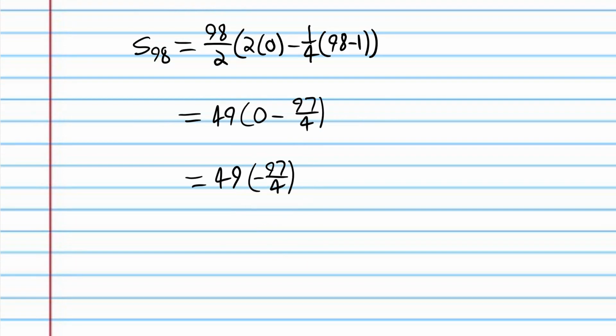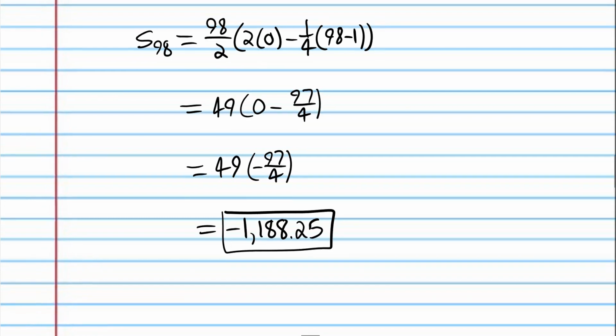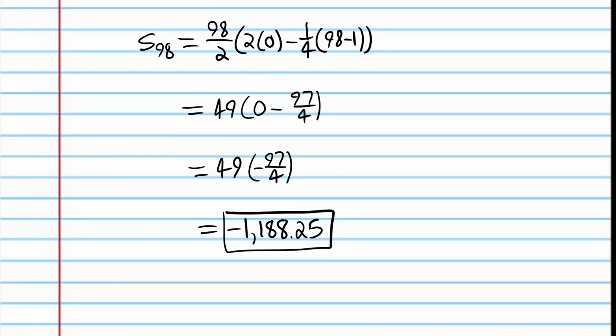So 49 times negative 97, and then divided by 4 would be negative 1,188.25. So if you got that answer, excellent.